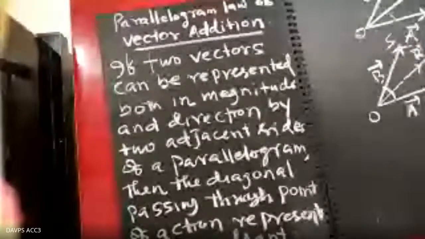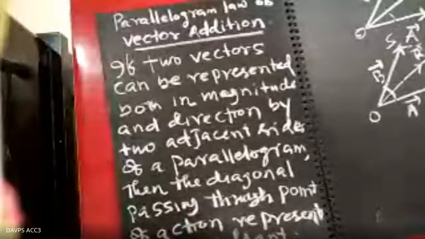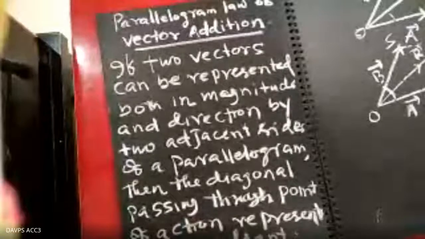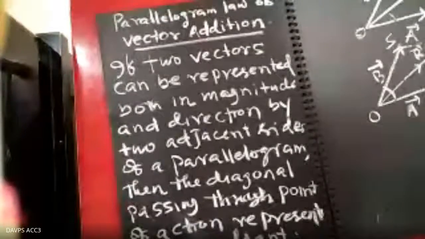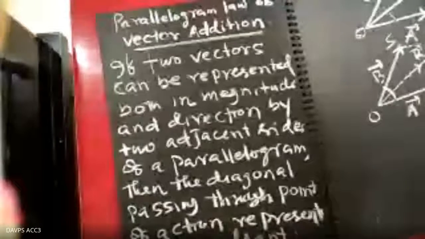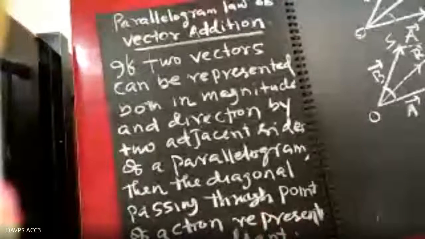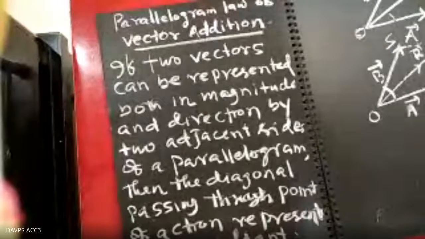What does it state? If two vectors are acting on a body at a point simultaneously, and if these two vectors are represented by the two adjacent sides of a parallelogram taken in magnitude and direction, then the diagonal passing through the point of action represents their resultant.